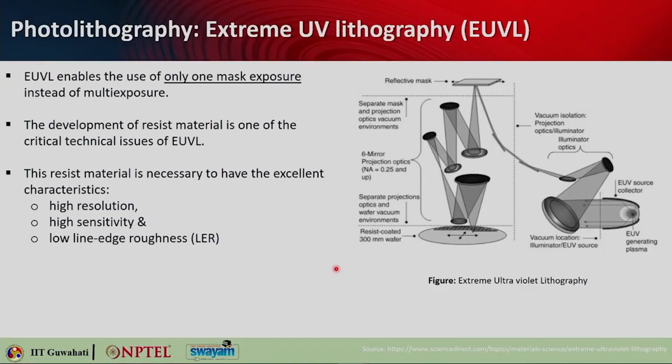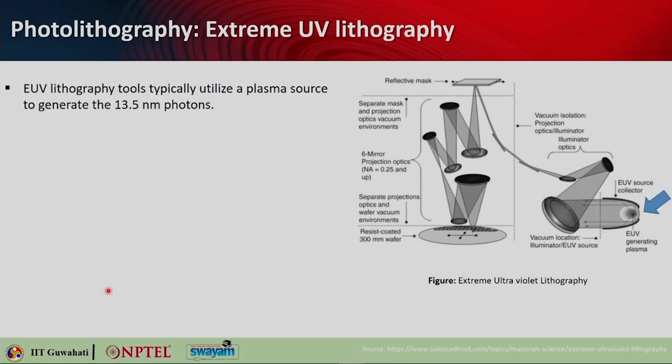That is the challenge currently, and this resist material is necessary to have excellent characteristics like high resolution, high sensitivity, low line edge roughness, etc. And remember that in this lithography, the photomasks work in reflective mode.